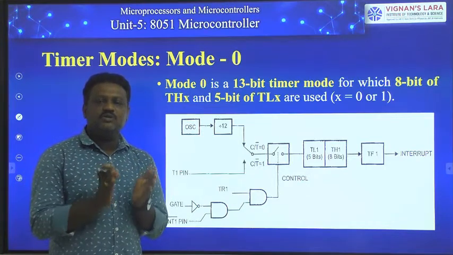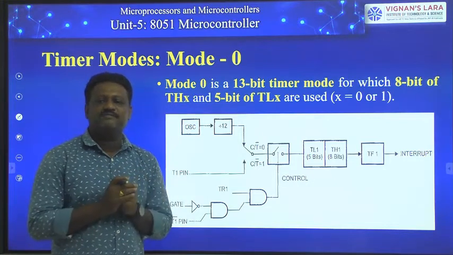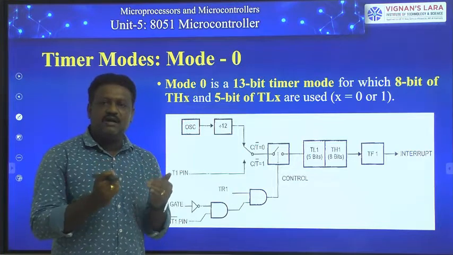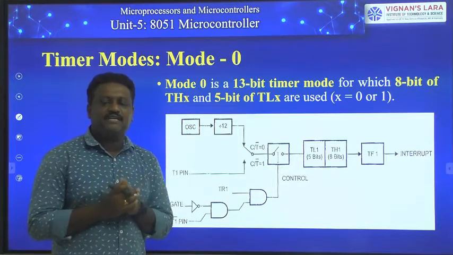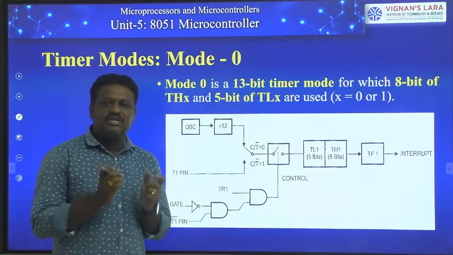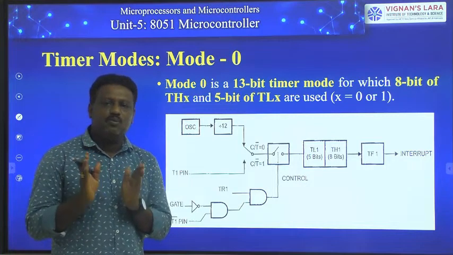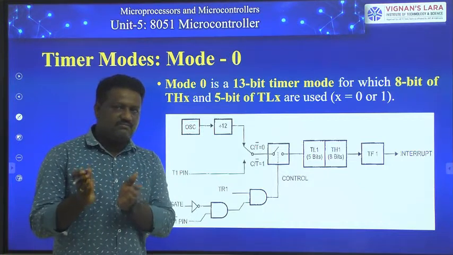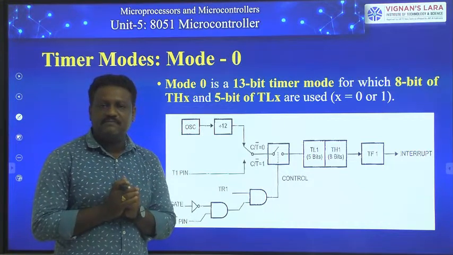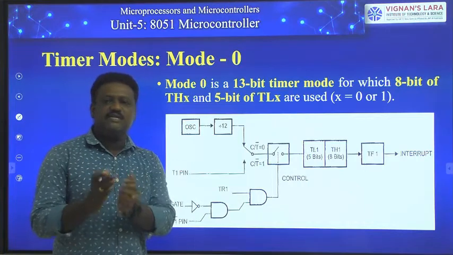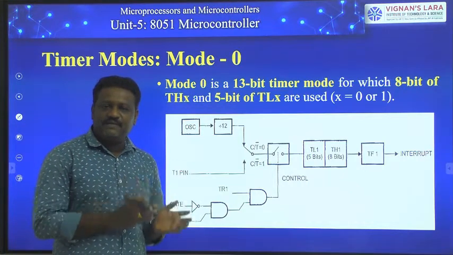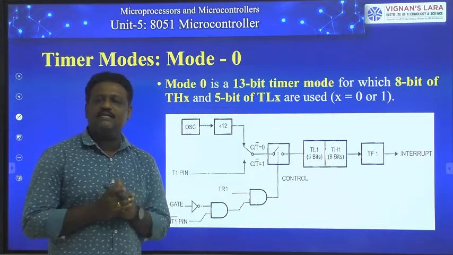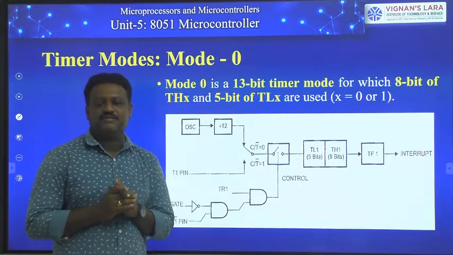Those two bits decide the mode of operation of the timer. With the two bits M1 and M0, we automatically get 4 different combinations. Each combination represents one mode of operation. If both bits are 0, 0, that indicates mode 0 operation. If it is 0, 1, that indicates mode 1 operation. If it is 1, 0, that indicates mode 2 operation. And 1, 1 indicates mode 3 operation.